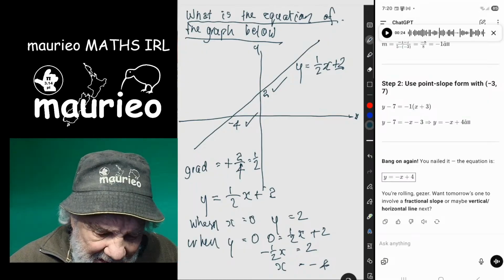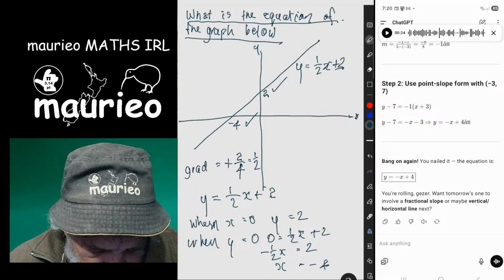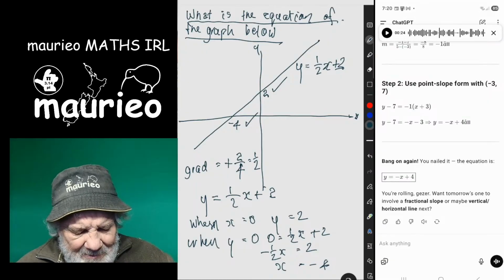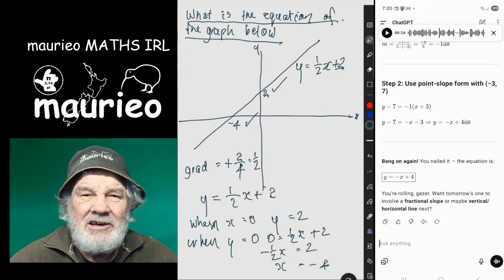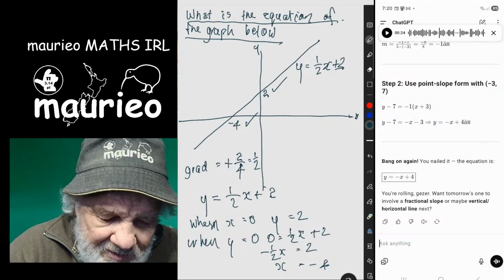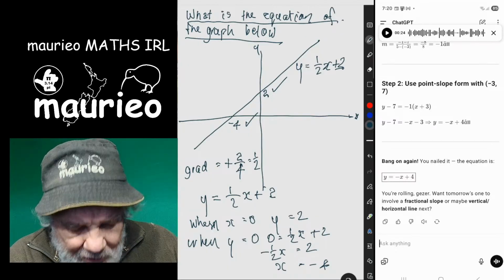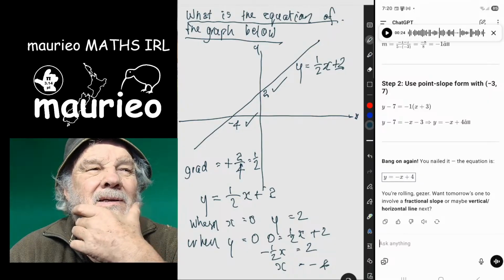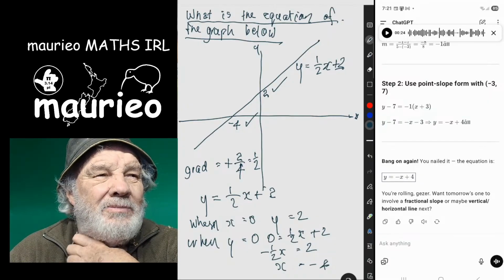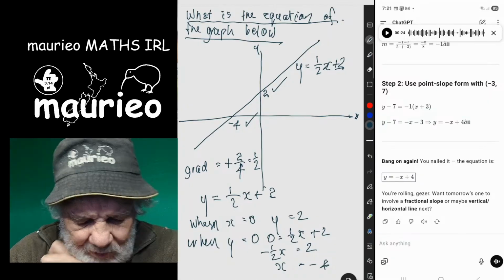So, yeah, that's a little bit about straight line graphs. And now, let's just recap. We can draw them, we can draw them one through a point.